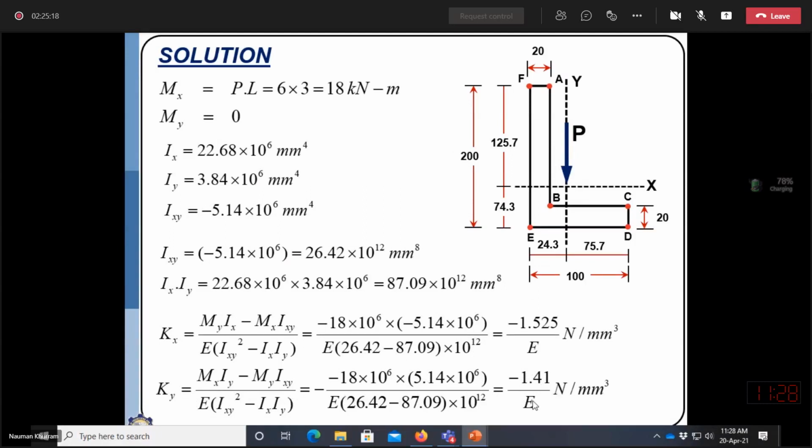Okay, here this curvature kx and ky are for positive bending, but we are dealing with the cantilever case. In a cantilever beam, if a load is acting at the free end downward, it causes tension at the top surface. If the tension is in the top surface, it means we need to multiply this curvature by minus 1.